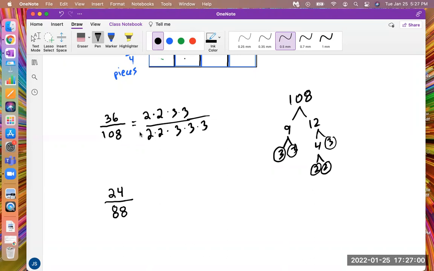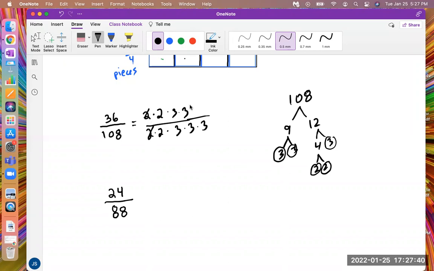When I cancel a factor, I decide not to multiply by 2 anymore, which is the same as dividing by 2. So when we cancel a factor, I'm actually dividing the top number and the denominator by 2.